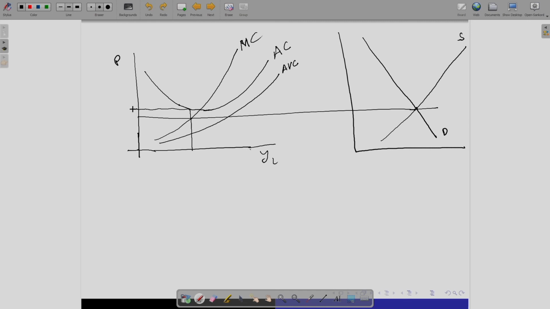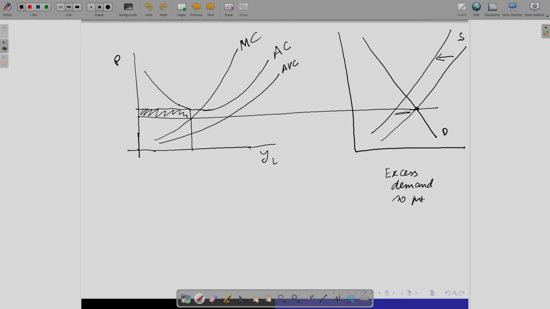The moment they are making this loss, what is going to happen? In the long run, if the same number of firms persist in this economy, some of them will leave because they are making losses. The moment they leave, this supply curve is going to shift like this. So, at this price, we have something called excess demand.